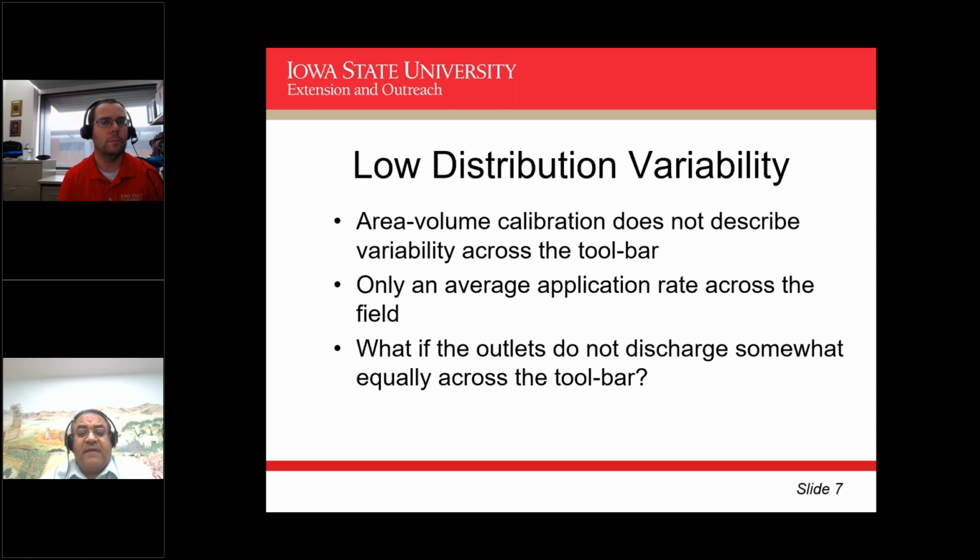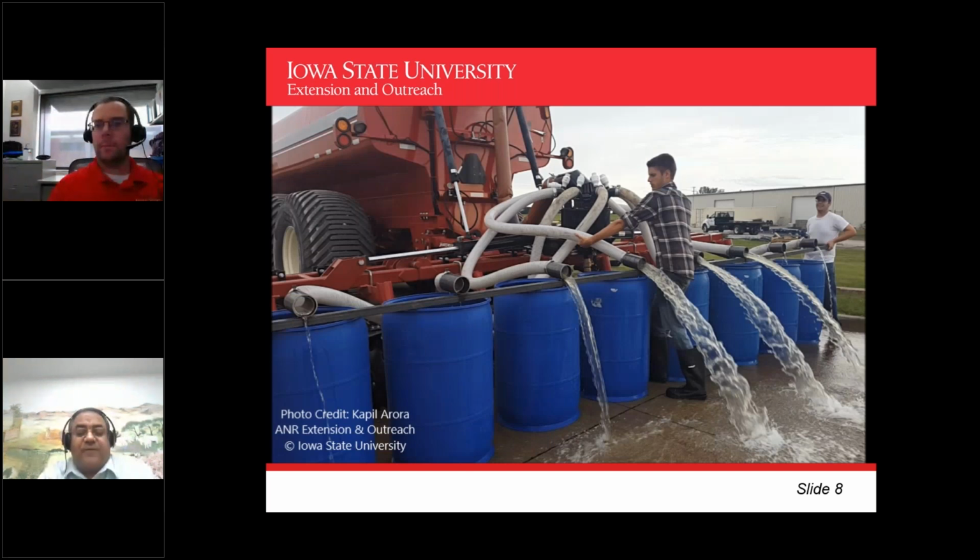The answer is area volume calibration basically gives us an average application across the field. It is by no means a measurement of how well the manure is getting distributed across the toolbar points. Here's a quick photograph of how different points may be performing differently. We can have more liquid coming to certain points, whereas not enough liquid or maybe no liquid is coming out to the other points.